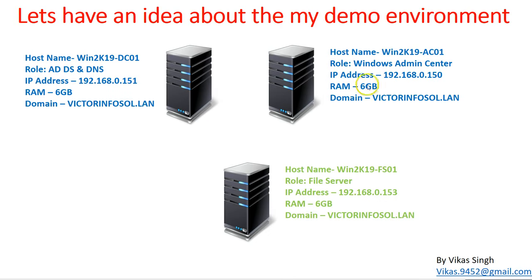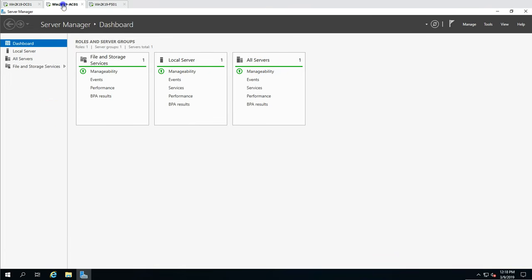So this is good, this is my Active Directory server. The second machine is our Windows Admin Center machine, where we installed Windows Admin Center in the last video. You can see this is Win2K19 AC01, Admin Center 01, with IP address 192.168.0.150, 6 gig of memory, and joined to my domain victorinfosol.lan. Let's verify here.